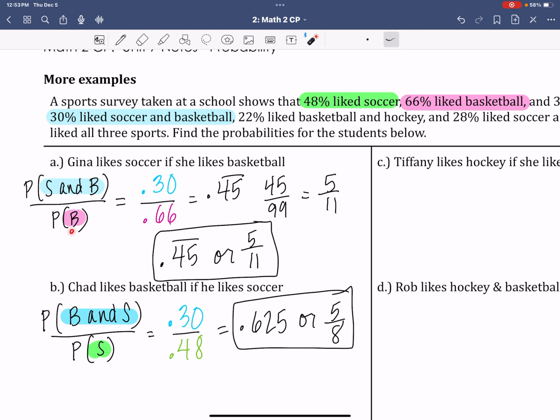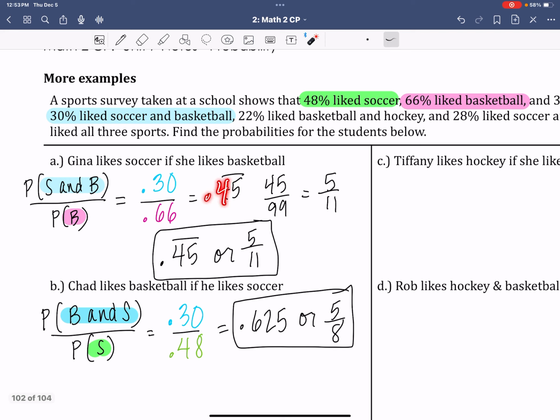Now we're going to divide out just those who liked basketball, because we want to divide out the part that overlaps. That's where we got the 66%, and you write it as a decimal, and we're dividing. You're going to get 0.45 repeating. When you write that as a fraction, it should be 45 over 99, which equals 5/11. Either of these options would be a correct answer.